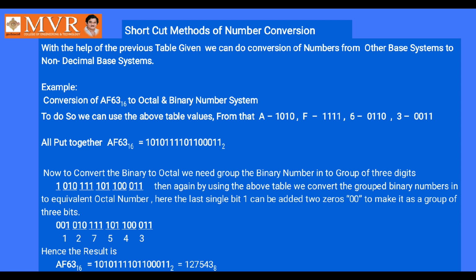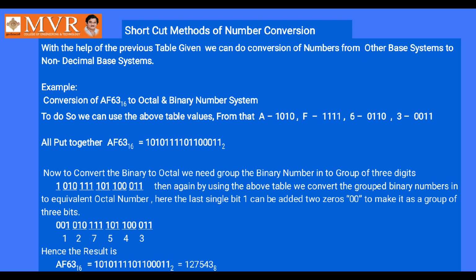In hexadecimal we consider 4 digits, 4 positions. For AF63 you will get 16 bits. When you divide the 16 bits into groups of 3, you get 5 groups, 15 bits, and 1 bit will be left out. So for that left out bit, you add 2 zeros, where no value will be changed.